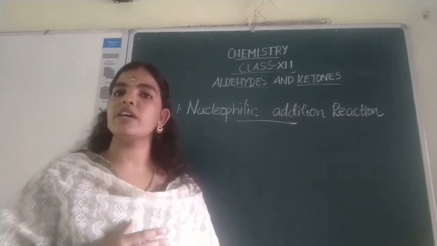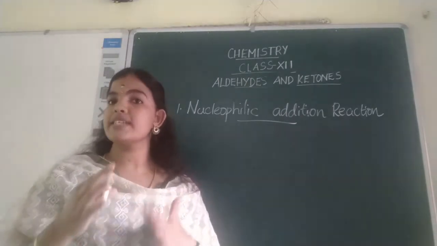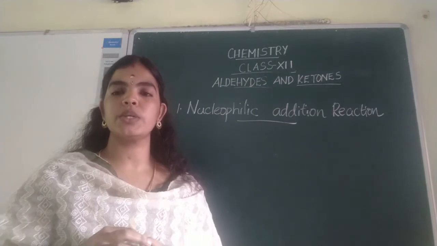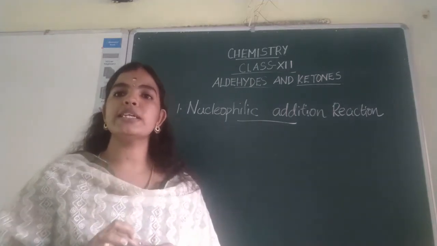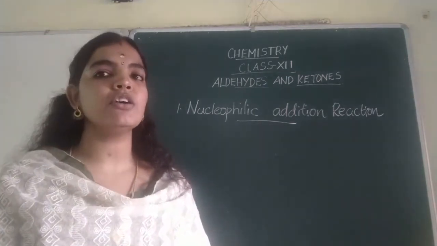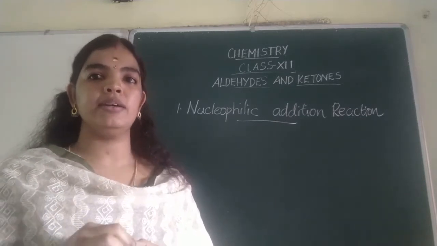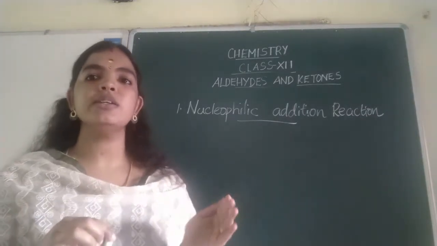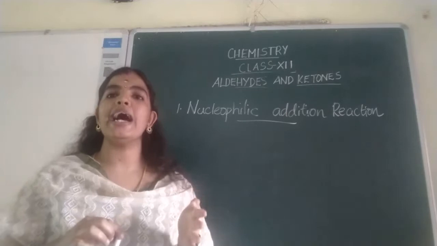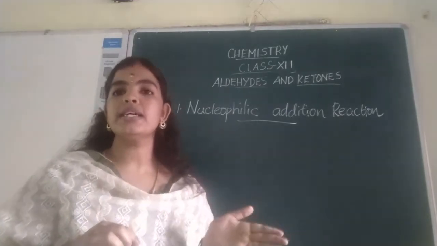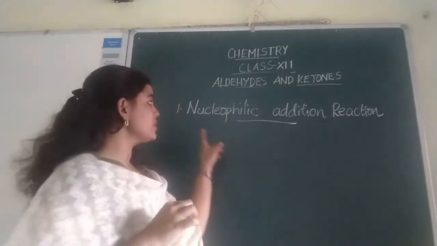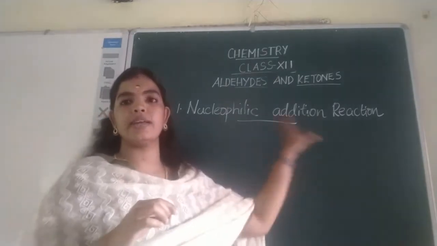They have a lone pair of electrons, they are negatively charged particles. So in a nucleophilic addition reaction, the nucleophile will be added to an electrophilic center. That is the nucleophilic addition reaction.